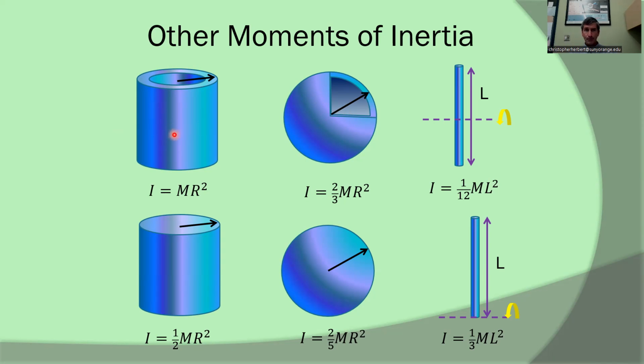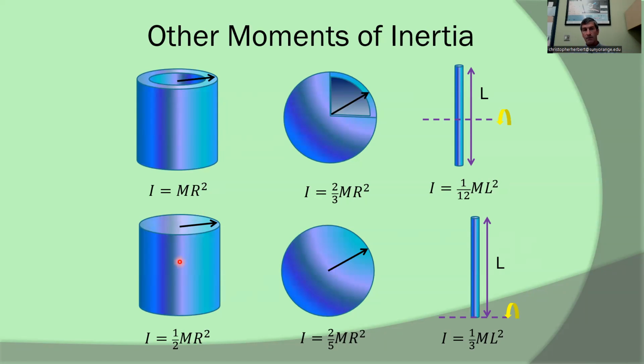The ring or the hollow cylinder has the maximum moment of inertia because all of its mass is distributed at the maximum distance R. The hollow sphere is intermediate. All the mass is distributed on the surface of the sphere, but with the axis through it, there's some mass near the center and some mass on the outside.